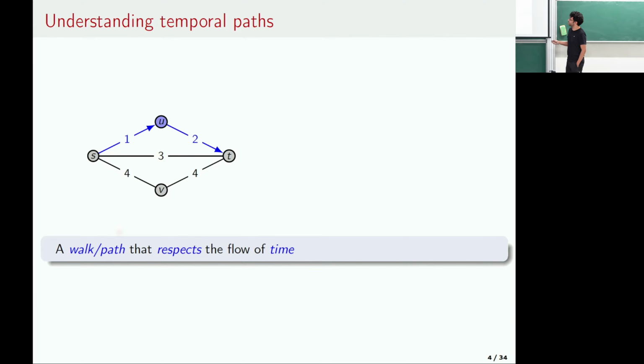So in this case, for instance, this is a temporal path from S to T, with times 1 and 2. But I don't have to ask for the path to be strictly increasing. So this is like a teleportation in which I use a time 4 and a time 4. This is also okay for me.